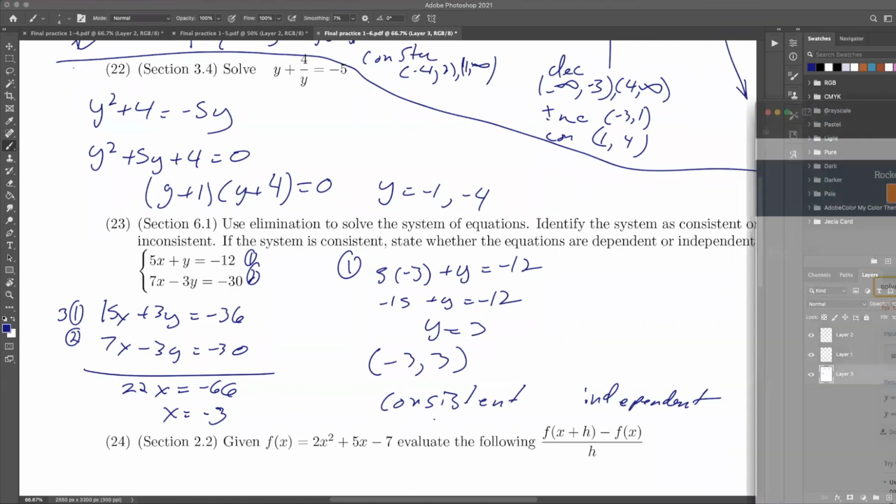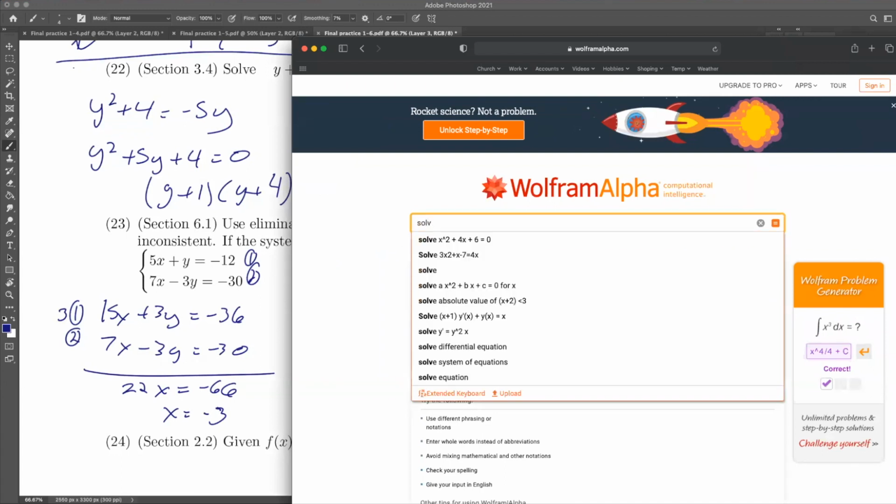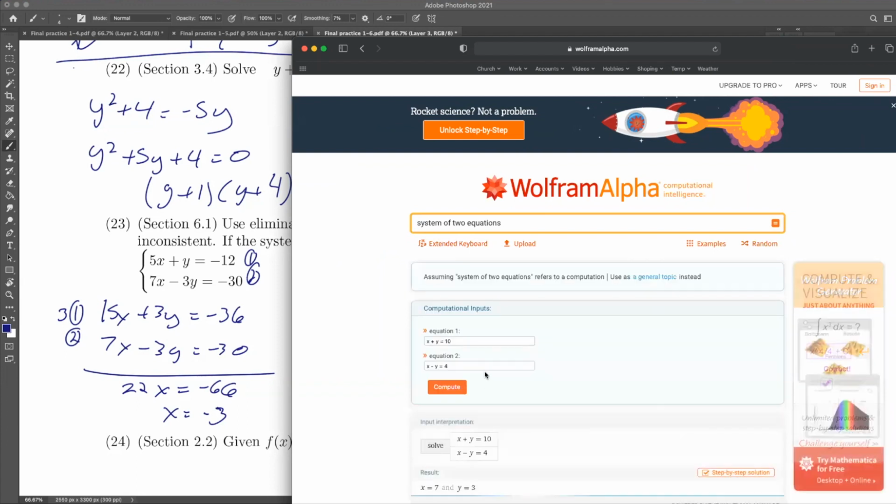Now what do we do? We just type this into Wolfram Alpha, just to double check ourselves because we've seen how lucky I've been solving these things. Just type in system of two equations. Perfect. Our first equation is 5x plus y equals -12.